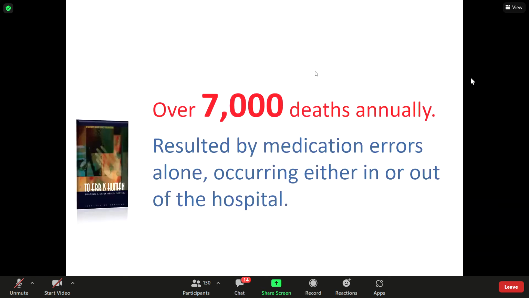Medication errors are fatal, with almost 7,000 deaths every year resulting from medication errors alone. We have to think about how we can mitigate such risk and reduce that number. Those casualties did not die because of the underlying disease.